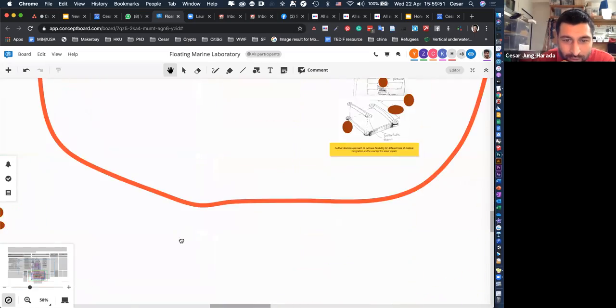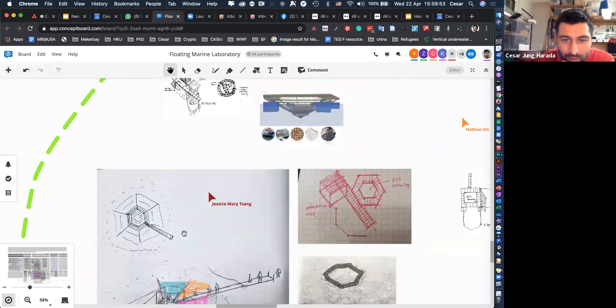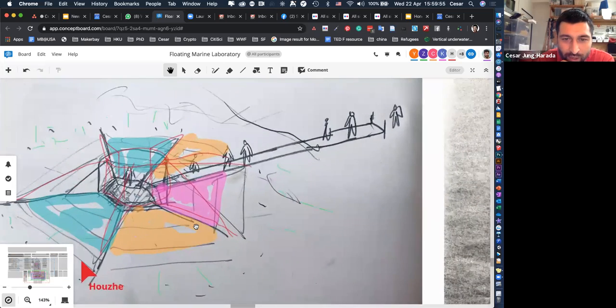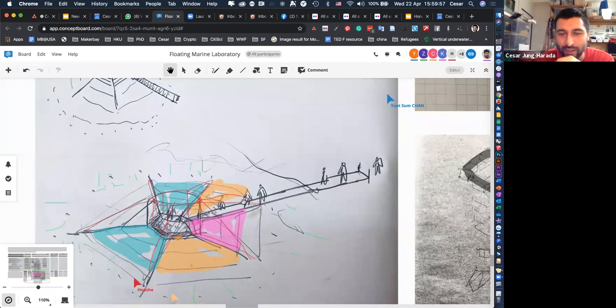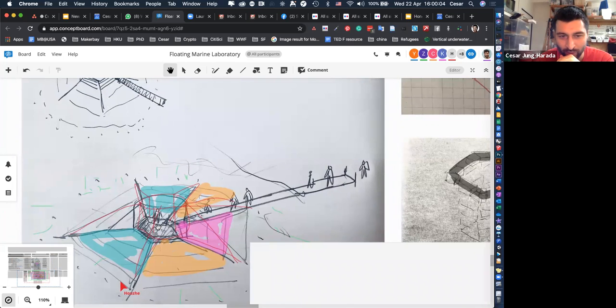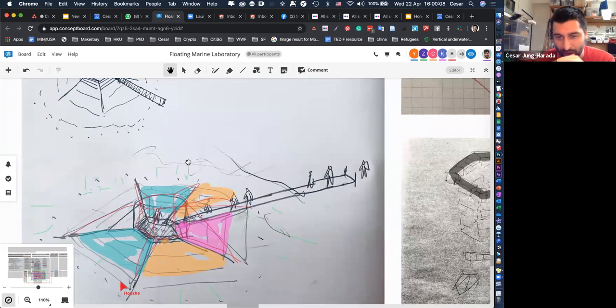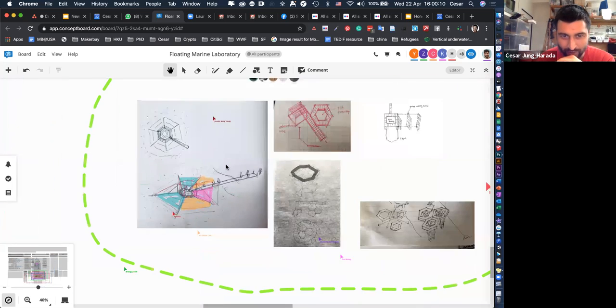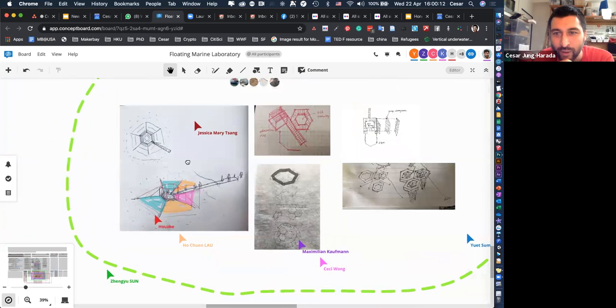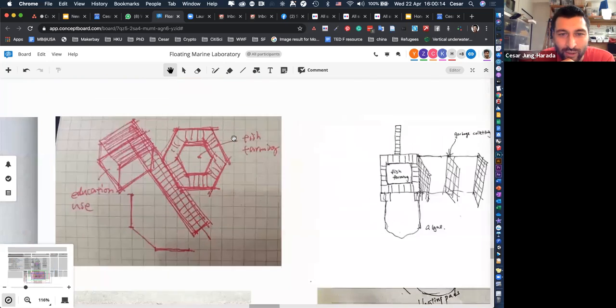So I'm trying to integrate this idea as well, because it also has quite a lot of likes, and to make it easily accessible from the beach. So like this, when we have our presentation, it's very easy. Basically, a long pontoon reaching to a central pontoon. And I just try to have a building that has no hard boundaries. So that's the idea. Okay, who's made this red sketch?